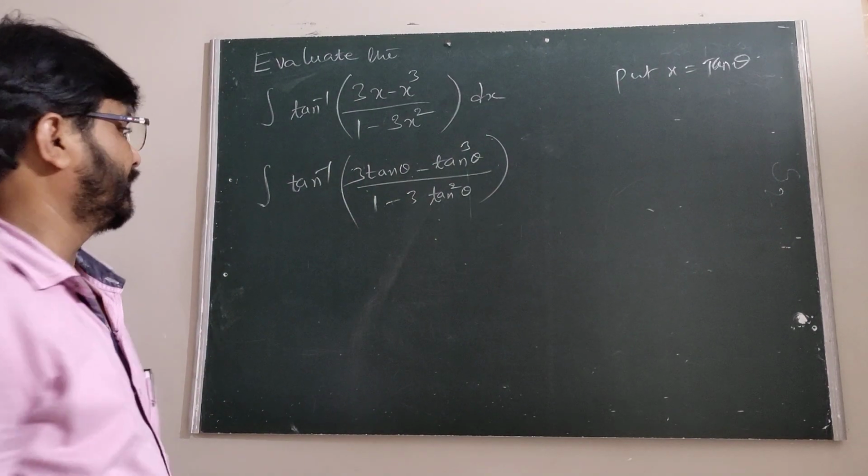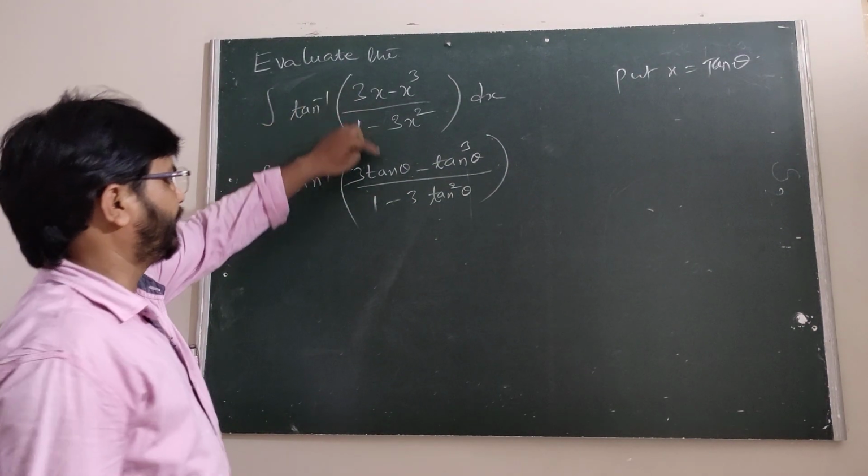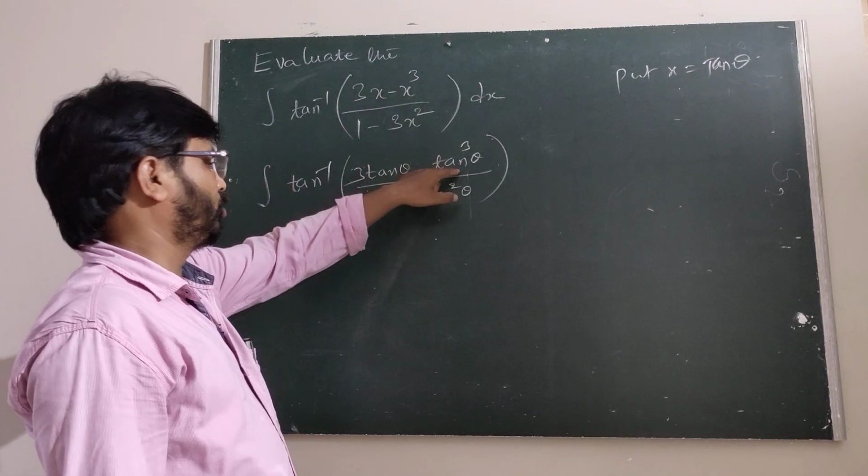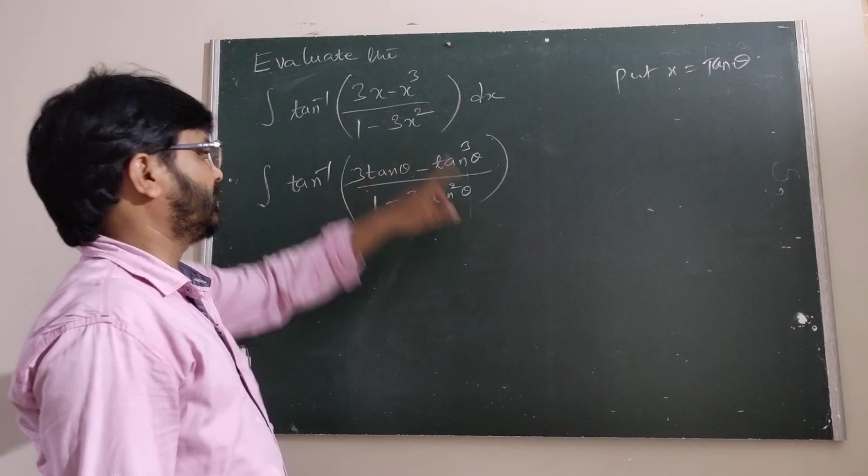Okay, understand? So now we can write this as 3 tan theta minus tan cube theta over 1 minus 3 tan square theta.